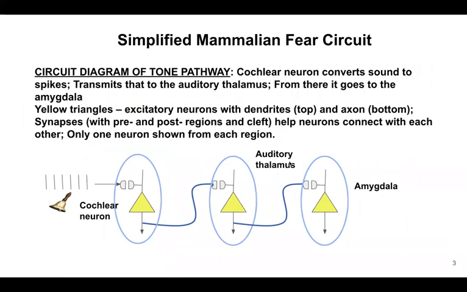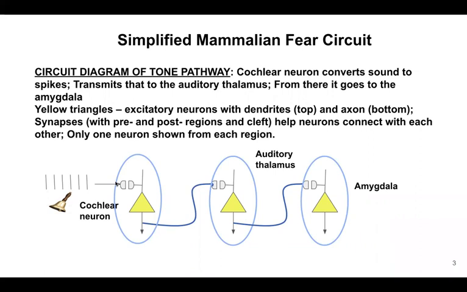And so now we will look at the tone pathway, but an actual circuit diagram of what we just saw. So here's the circuit diagram, and we had looked at this earlier in the previous video, but for brief review, there is a tone that is a sound wave that vibrates at a certain frequency.